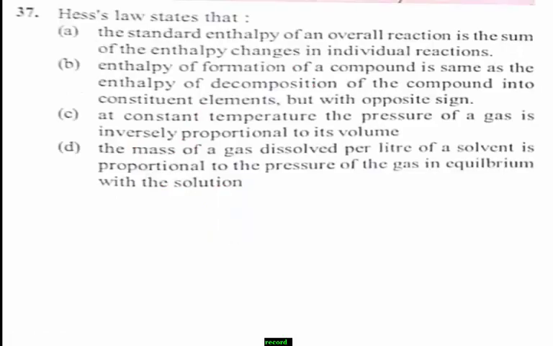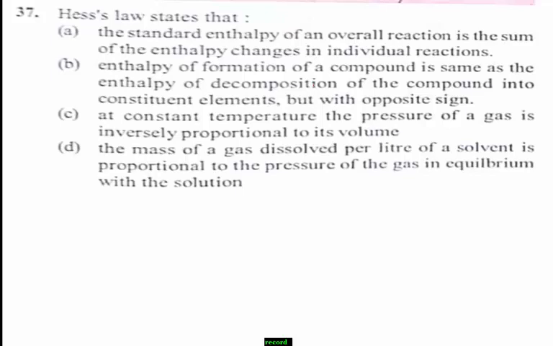Next question number 37. One of the definition points. Here they given a theoretical question. Hess law states that: Option A, the standard enthalpy of an overall reaction is the sum of enthalpy changes in individual reactions. Option B, enthalpy of formation of a compound is same as the enthalpy of decomposition of the compound into constituent elements but with opposite sign.